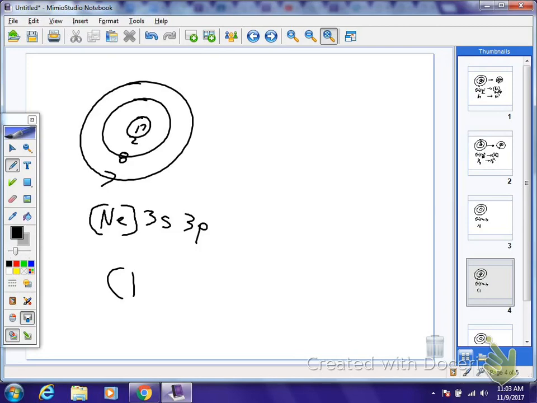Electron configuration for chlorine is 3s2, 3p5. And when we do the Lewis symbol, that's what we have.